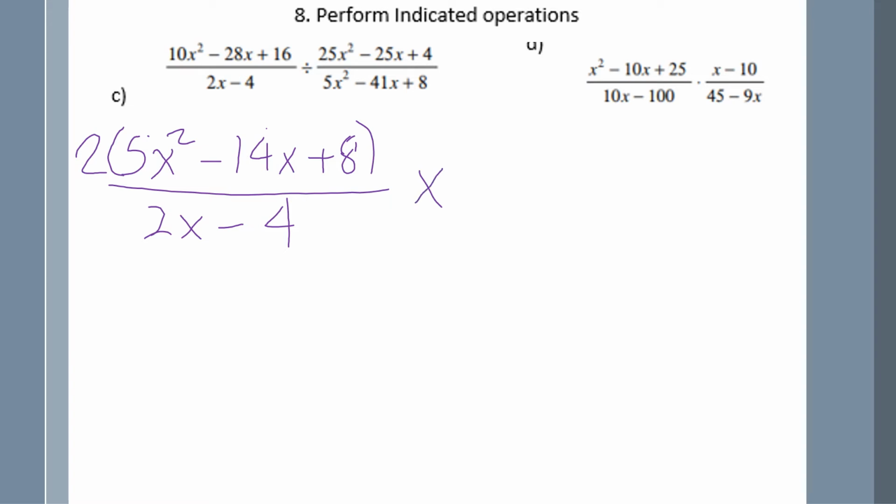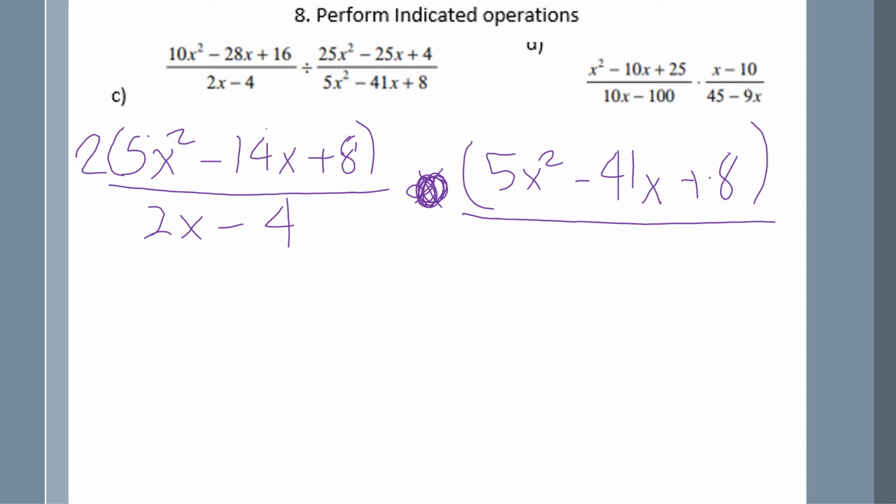You reciprocate, and you get (5x squared minus 41x plus 8). Let's do this as a dot, which makes things easier to read. You know a dot is understood to be multiplication. Over (25x squared minus 25x plus 4).